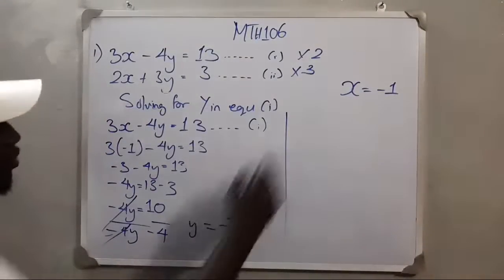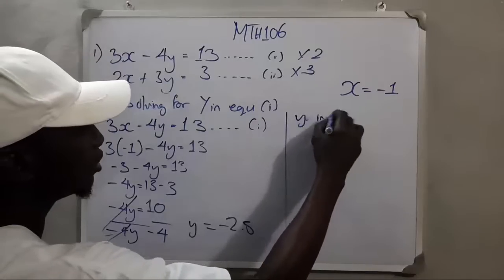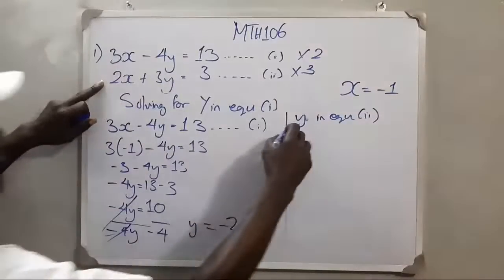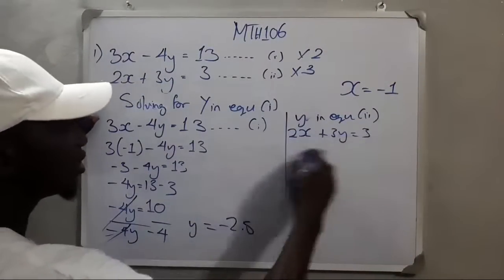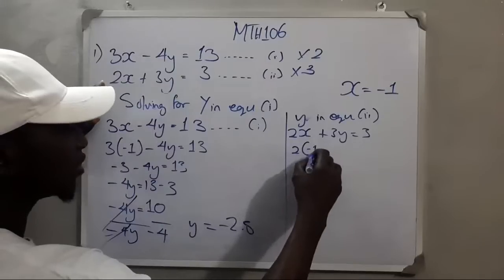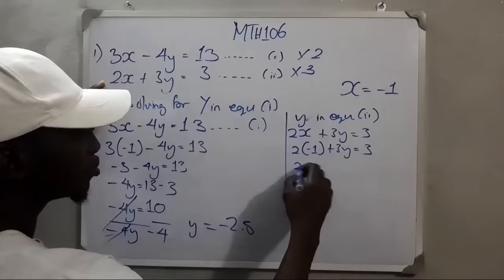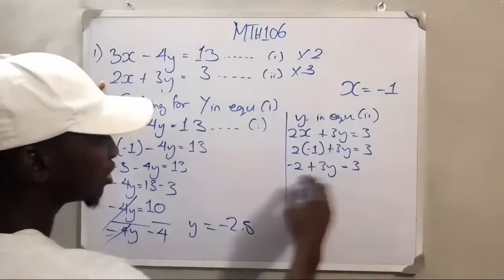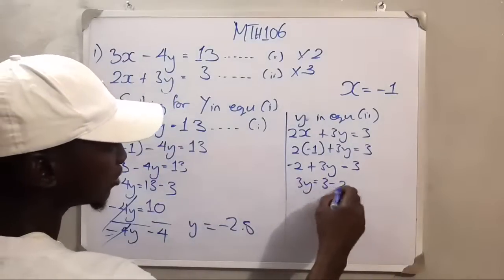Let's solve for y in equation 2. Now we have 2x plus 3y equals 3. And we have 2 into bracket minus 1 plus 3y equals 3. So we have 2 minus 2 plus 3y equals 3. Now we have 3y equals 3 minus 2.